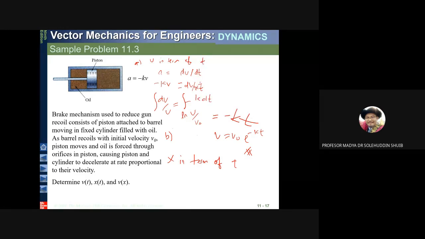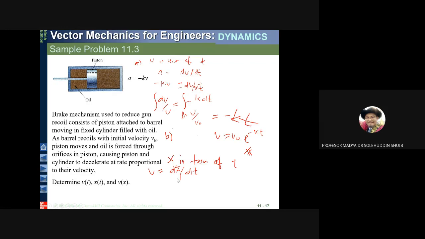For this one, we have to substitute the expression that we have just obtained for V into V equal to dx dt. This is V, the one that we obtained just now.